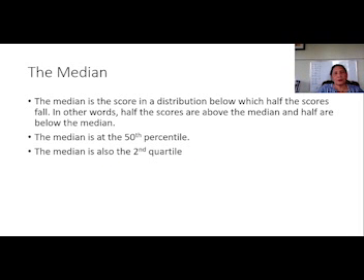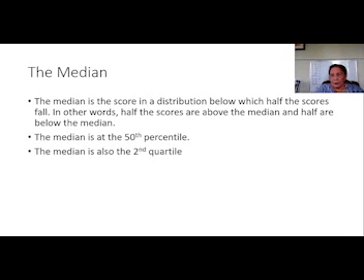Okay, let's go to the median. The median is the score in a distribution below which half the scores fall. In other words, half the scores are above the median and half are below the median, which is why the median is also known as, please take note, it's the 50th percentile.